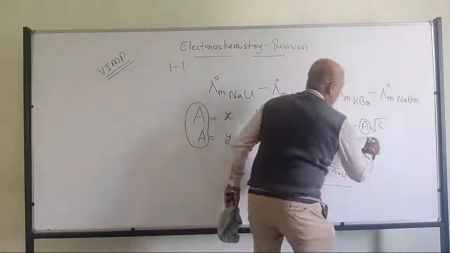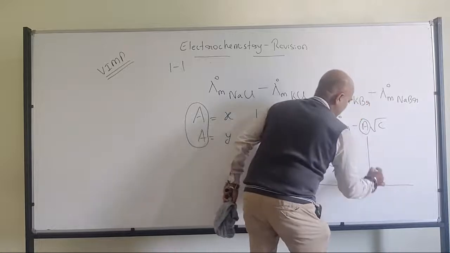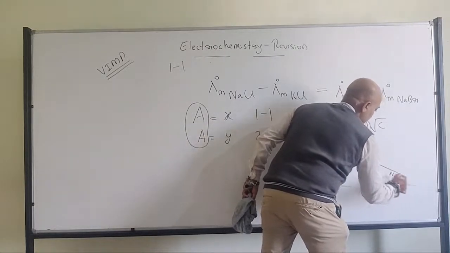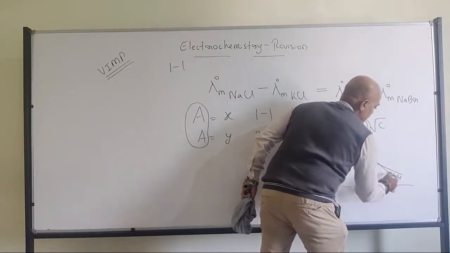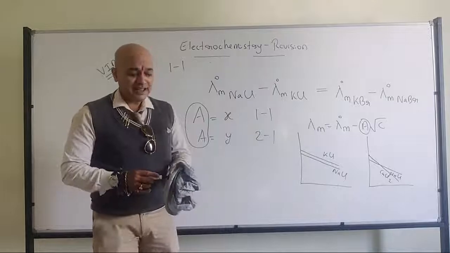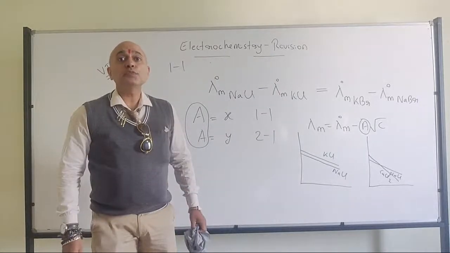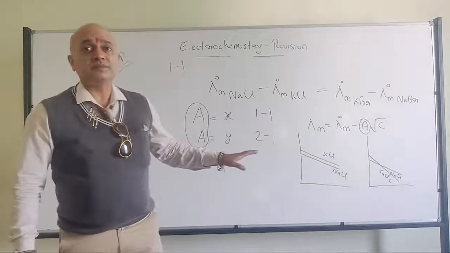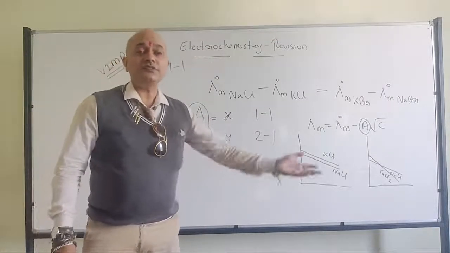But if I take calcium chloride and NaCl, imagine this is for NaCl. Now for calcium chloride there will be variation. Naturally the slope will change. It's all a rough diagram to make you understand. Don't think that this is how we are going to get this straight line.